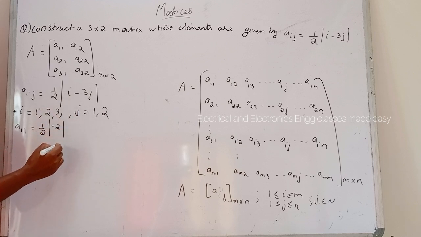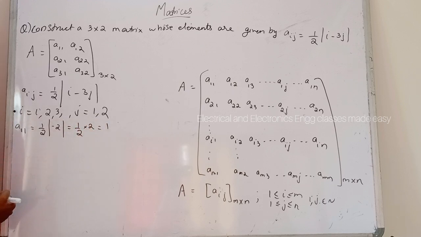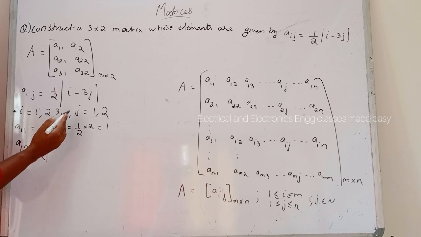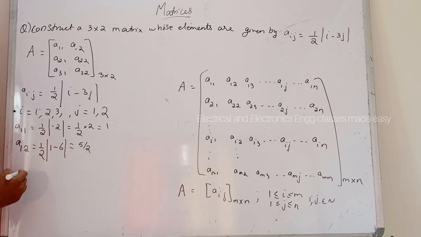So modulus of minus 2 is 2, so 1 by 2 into 2 is equal to 1. Then A12 we have to find, that is modulus of 1 minus 6, that is minus 5, so we get 5 by 2.